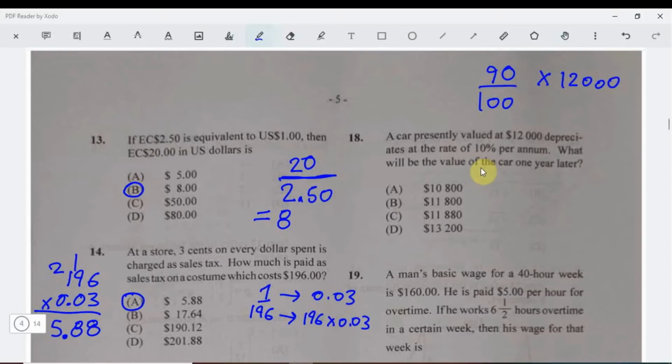It's only worth 90% of its initial value because we subtract 10%. So 90% of 12,000, that's going to be this 0 cancel this 0, this 0 cancel this 0. And so 12 times 9 is 108. So this would work out to be $10,800. That is going to be option A. Next.